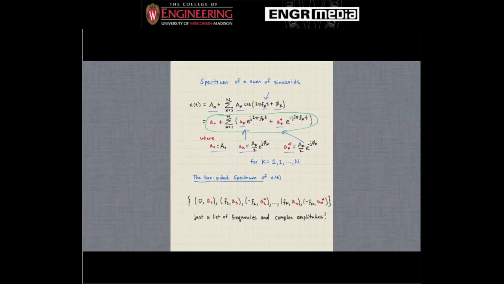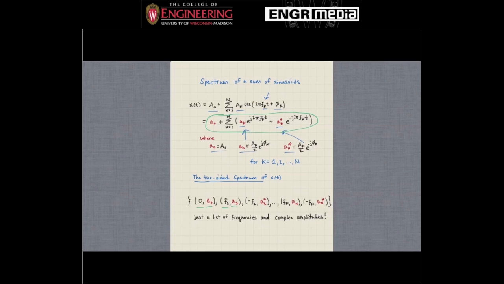So in detail, we'd say the first term, the lowest frequency sinusoid, is going to be at frequency 0, right? It's the DC component, and that has amplitude A0, and that just equals capital A0. And then the next thing in this list is going to be frequency F1, all right, and complex amplitude A1.